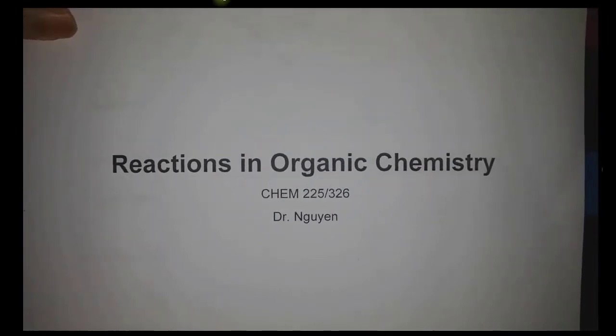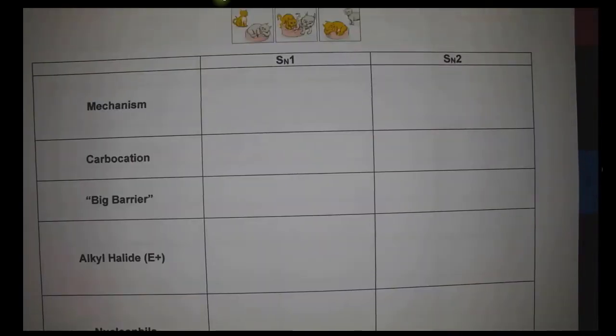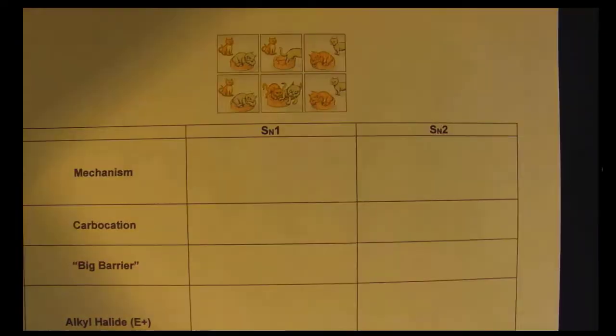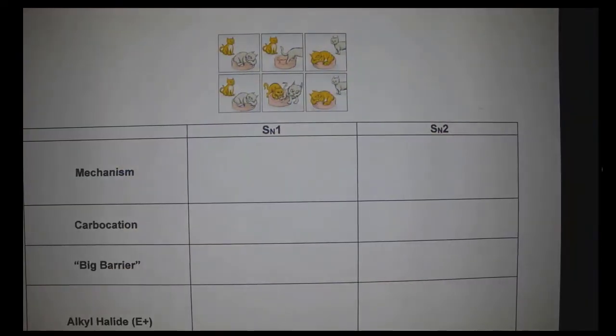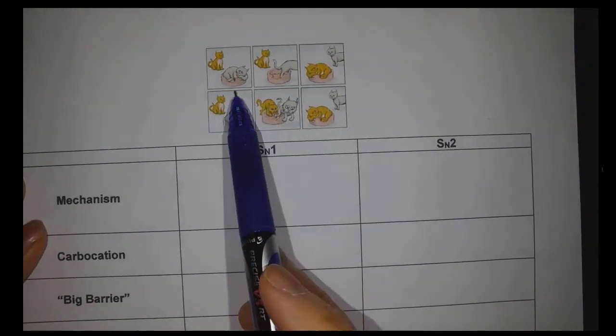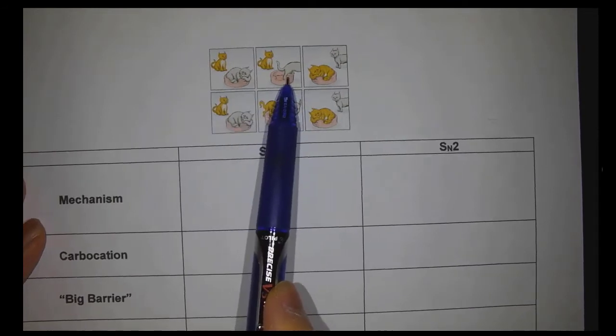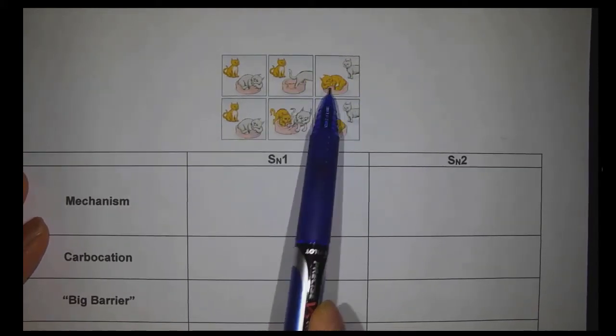So we're going to look at the first page here, which is these things with the cats. All right, let me see if that's better without the lights. Okay, so we have the two comparisons. There are two sets of cats there. In the first one, there's a cat sitting fairly happily, and then it leaves the bed, and then the other cat comes in to take its place.